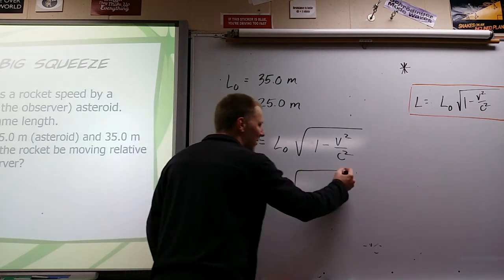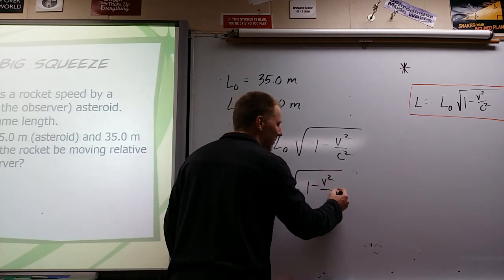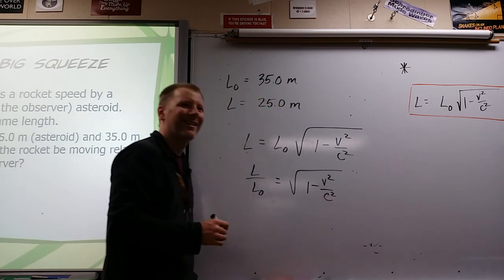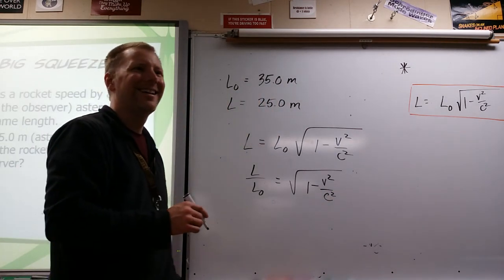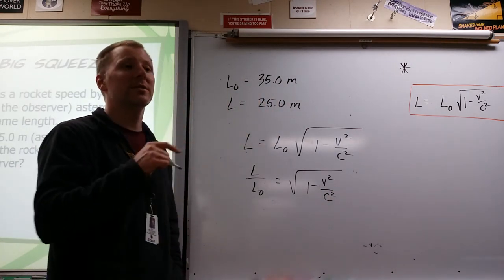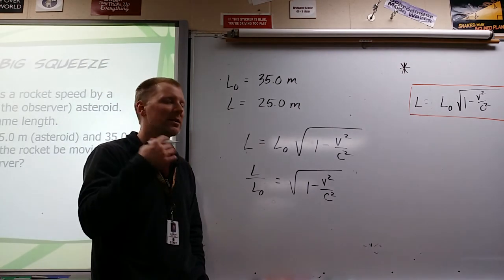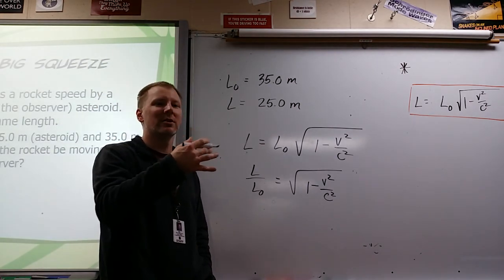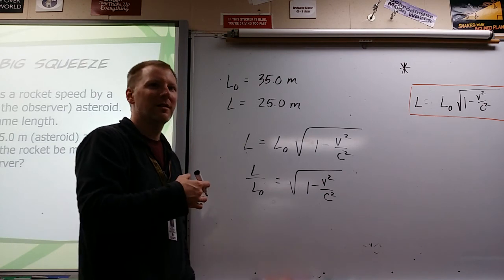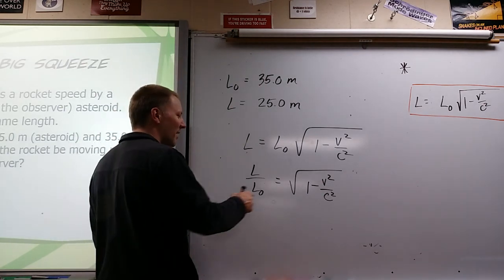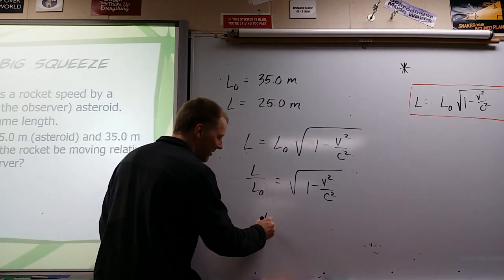What shrinks as it speeds up? Does a rocket shrink as it speeds up? Yeah. But not to a person on the rocket. A person on the rocket moving with it always measures the proper length.